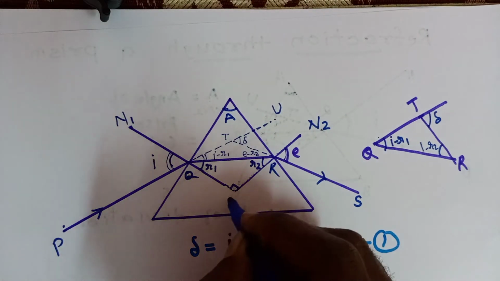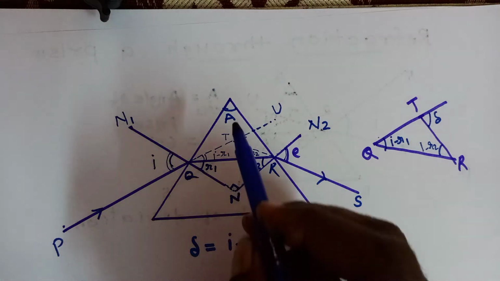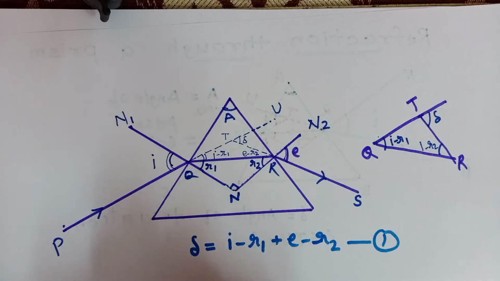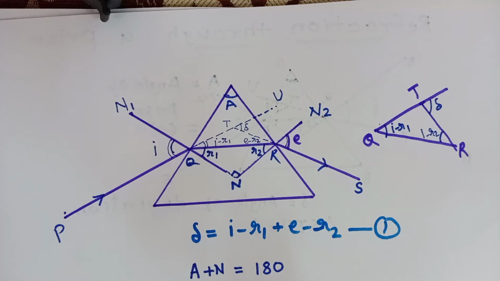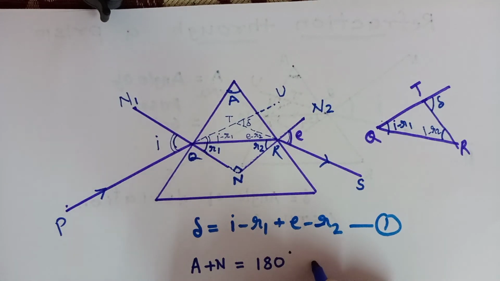So we can say it is N. In the quadrilateral, A plus N is equal to 180 degrees. Equation 2.